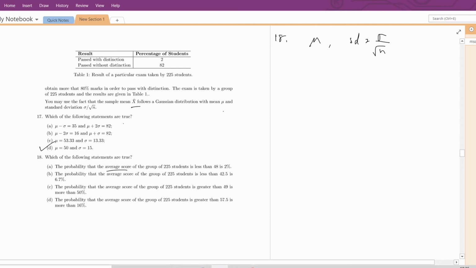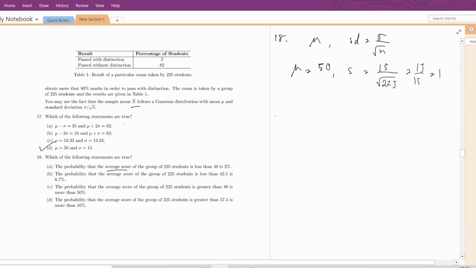So here the mean is the same, which is 50, but the standard deviation is changing. The first sigma was 15 and now it is 15 by root 225. Total number of students is 225, so it is 15 by 15, which is 1.